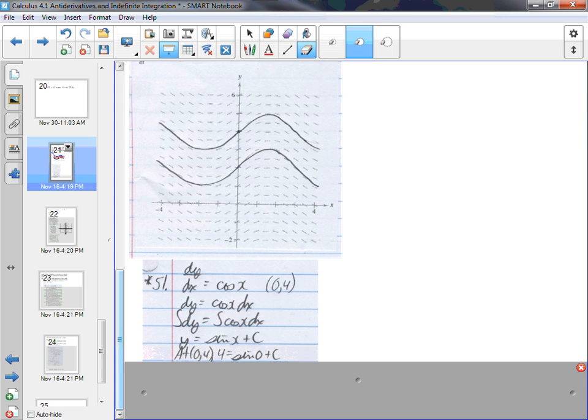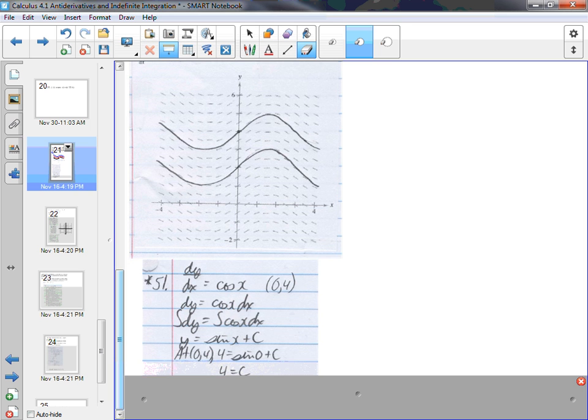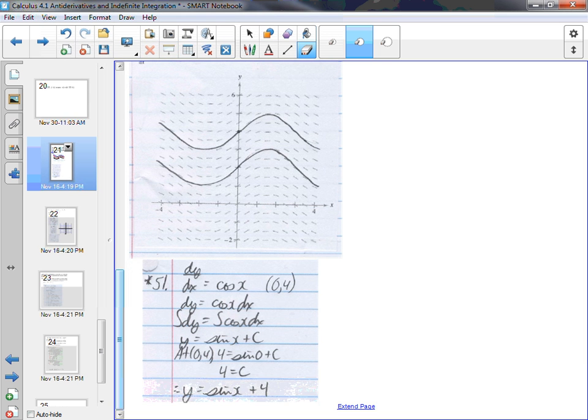So at the point (0, 4), replace x with 0 and replace y with 4. Well, what is the sine of 0? 0, so 4 equals c. So our particular solution is y equals the sine of x plus 4.